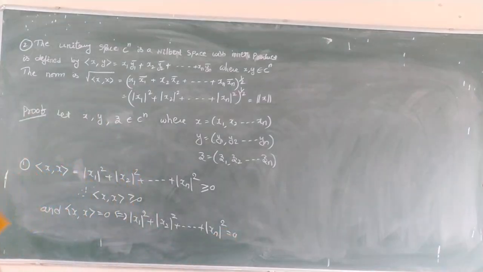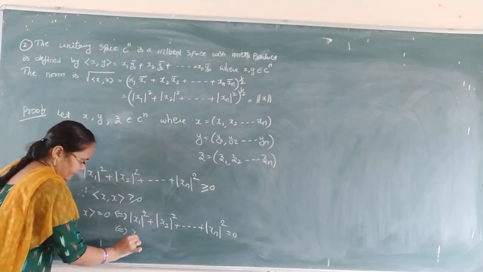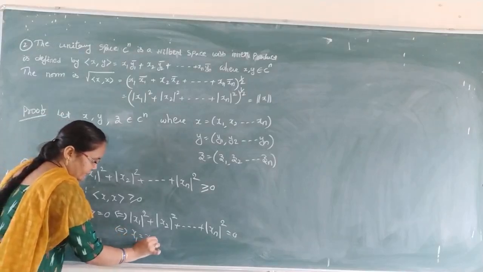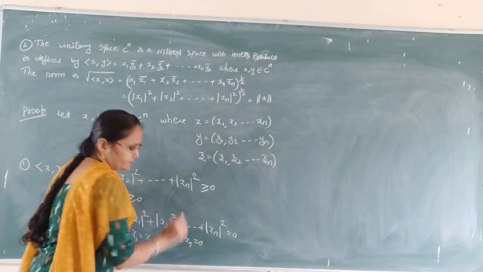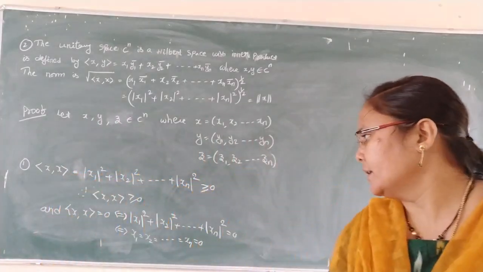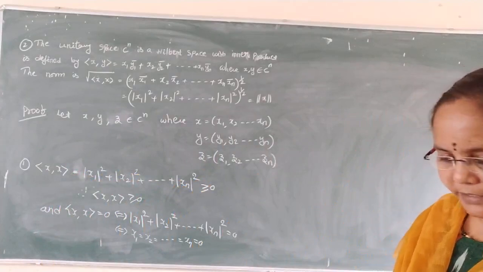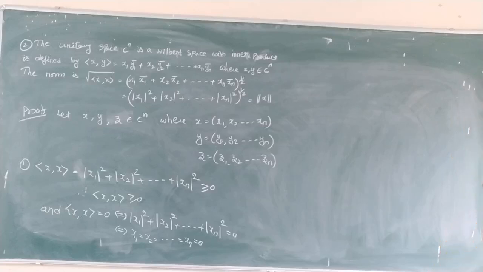Here the addition of n terms is zero, so every term goes to 0. So if and only if x1 is equal to x2 is equal to so on equal to xn, all of those are zeros. So every term is 0, which means our x becomes 0.